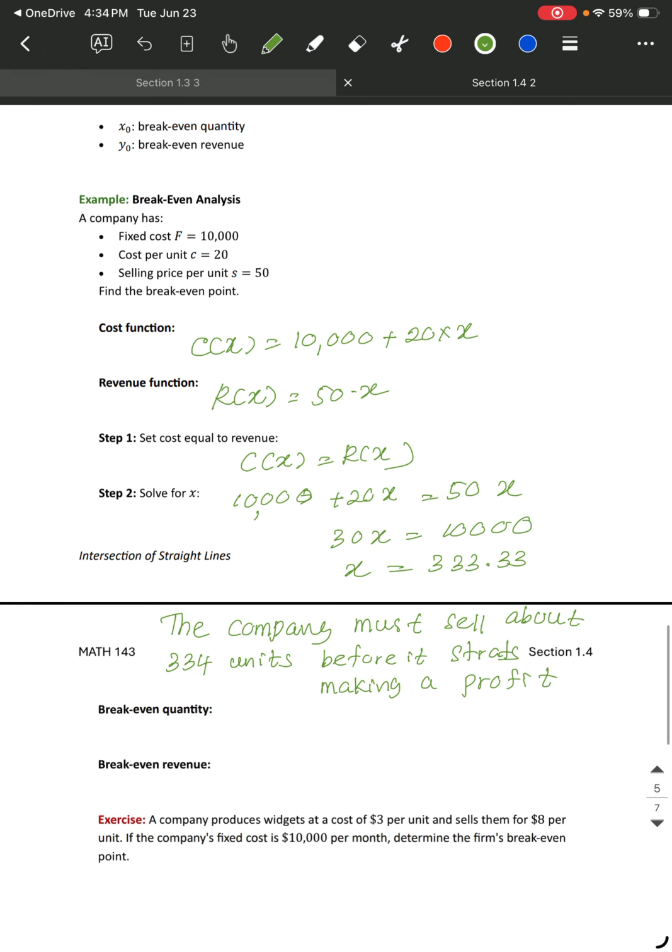Here, the x value means the break-even quantity, the quantity the company must sell to start making a profit. Break-even revenue is the money the company earns by selling the break-even quantity.